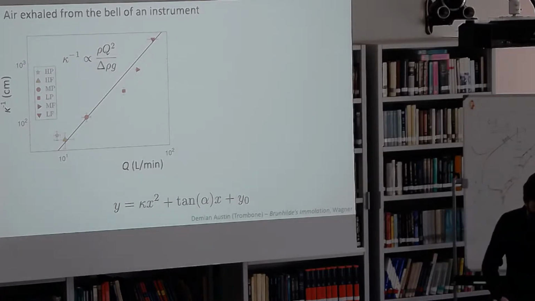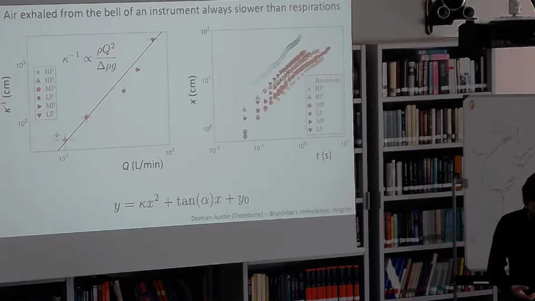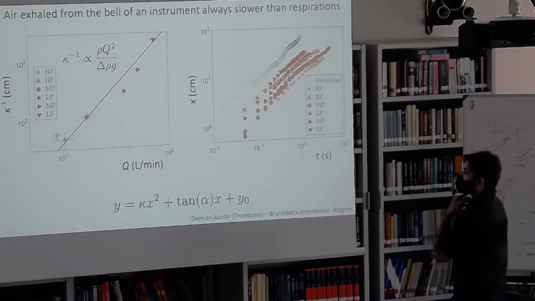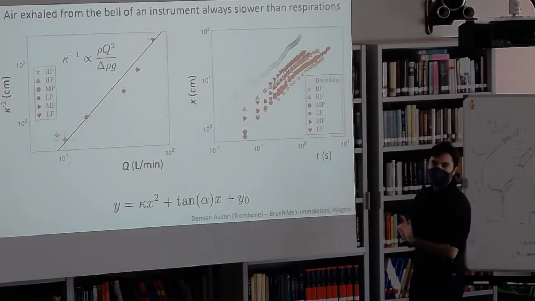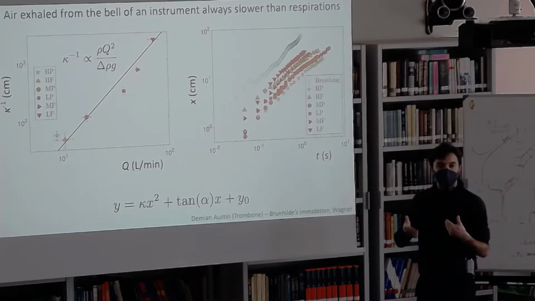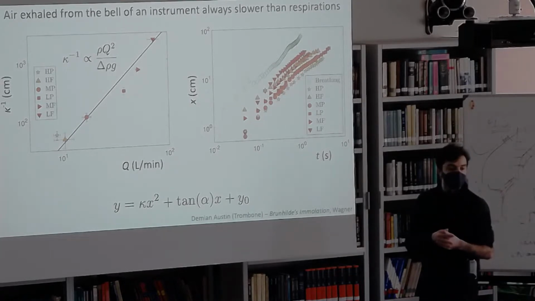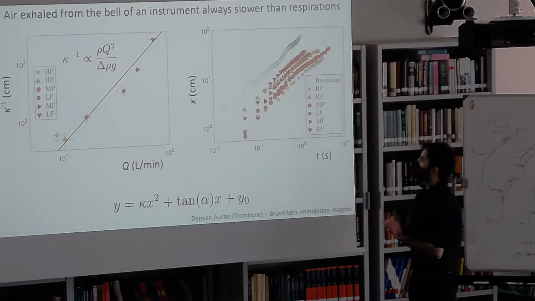And by that you can rationalize all the measurements you do in real life, I mean, on the real instruments. But once again, all those patterns are pretty small, pretty slow in terms of velocity, which means that the radius of curvature you measure there is much smaller than what you might expect on breathing.